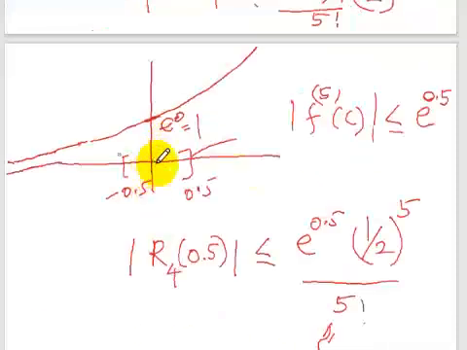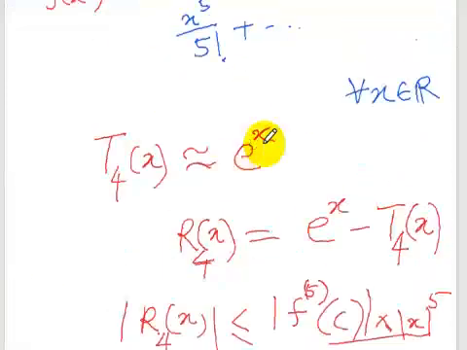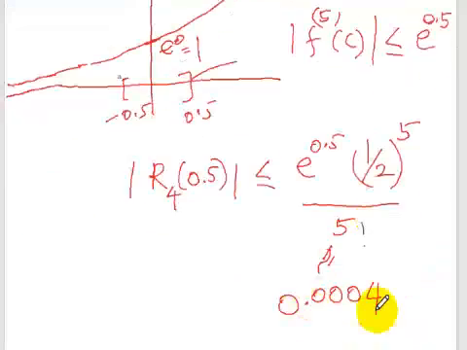So we can say that if we move away from the center to this point, if you approximate the exponential function by the fourth order Taylor polynomial, you get this much error bound.